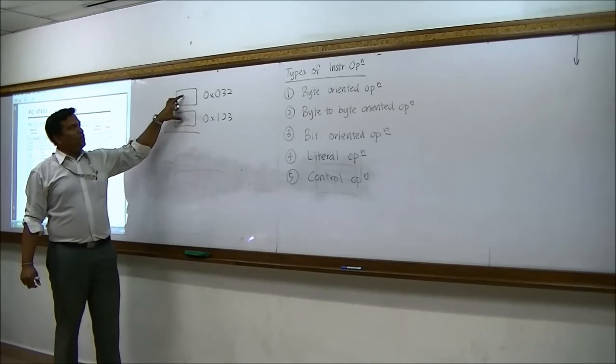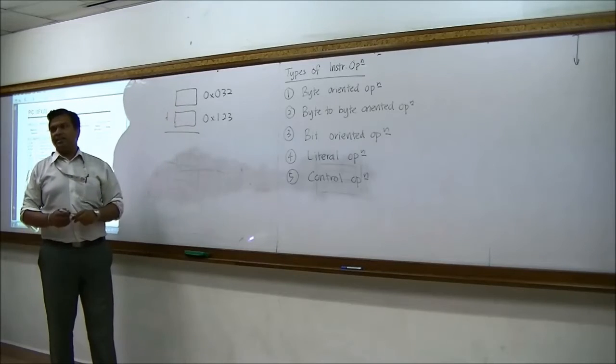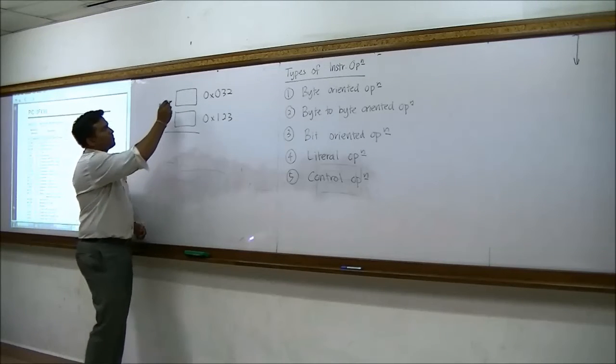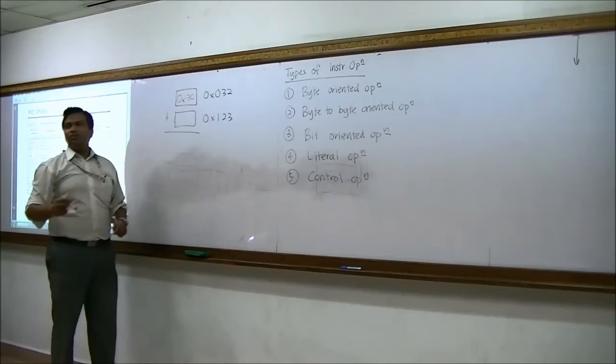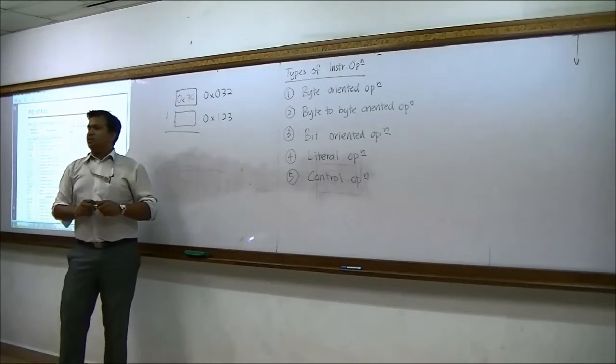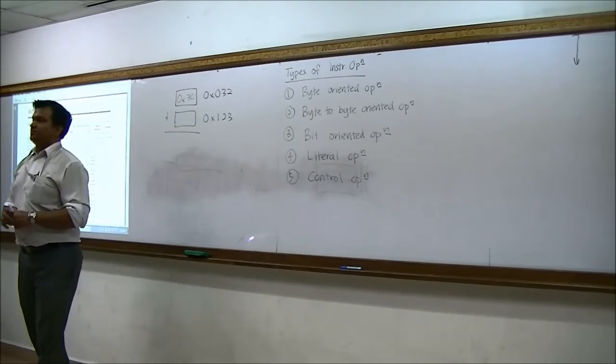So now when you want to actually add the contents of these two addresses, can you give one sample data inside here in hex? 7C. Is this a valid value? Why yes?